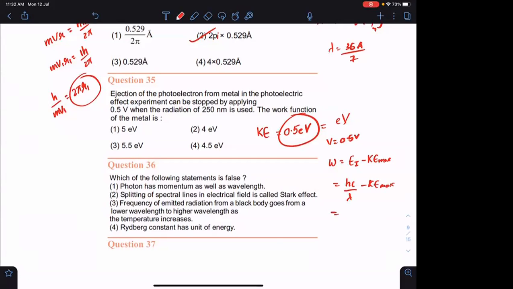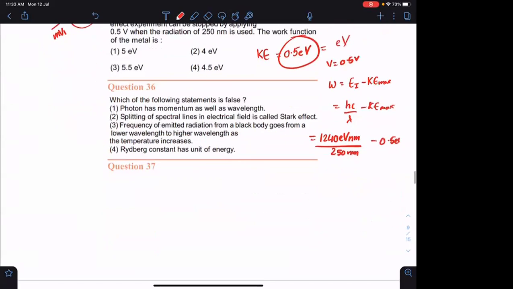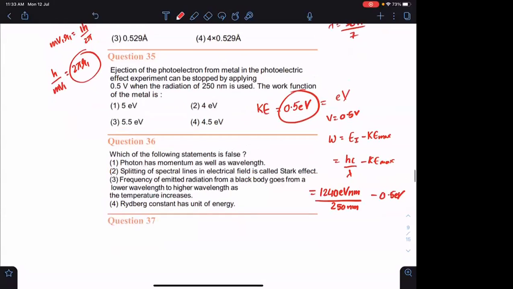The value of hc you can substitute is 1240 electron volt nanometer. Everyone remember this. It is 1240 electron volt nanometer divided by 250 nanometer, so you will get the answer in terms of electron volts. Why did we do this? Because I know the kinetic energy in terms of electron volts and the answer is also given in terms of electron volts.